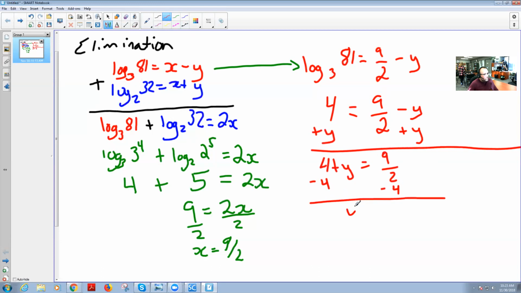And now we get y that equals, well, if you don't know how to solve for that, 9 over 2 minus 4. Hang on a sec.